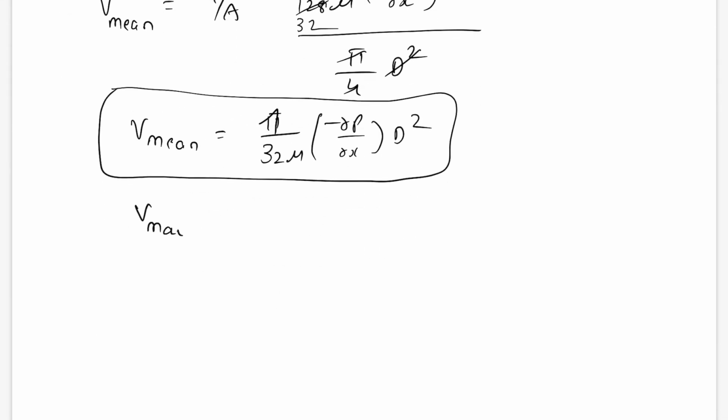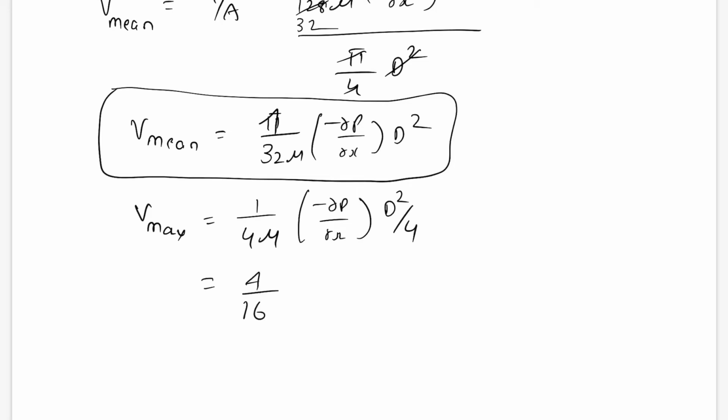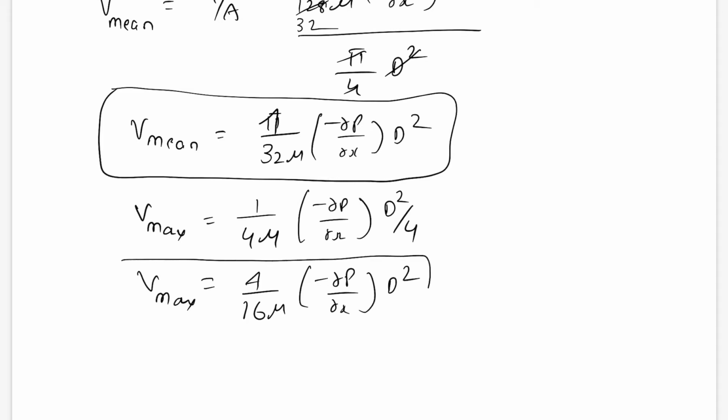What is v max that we got earlier? What is the value of v max? 1 by 4 mu into minus dou p by dou x into capital R square. What is capital R? Capital R square is equal to d square by 4. So d square by 4, that is 1 by 16 mu into minus dou p by dou x into d square. This is v max.